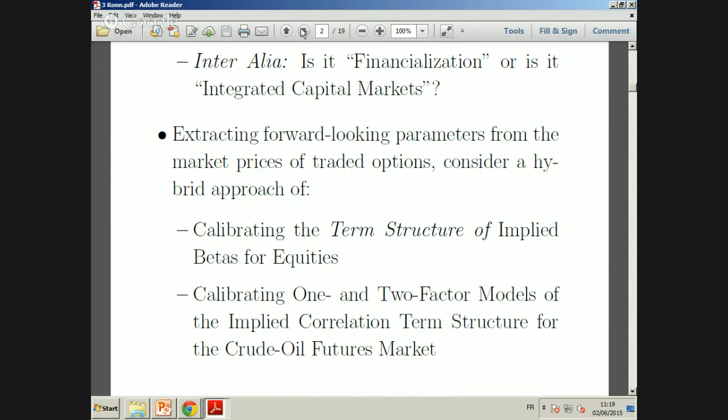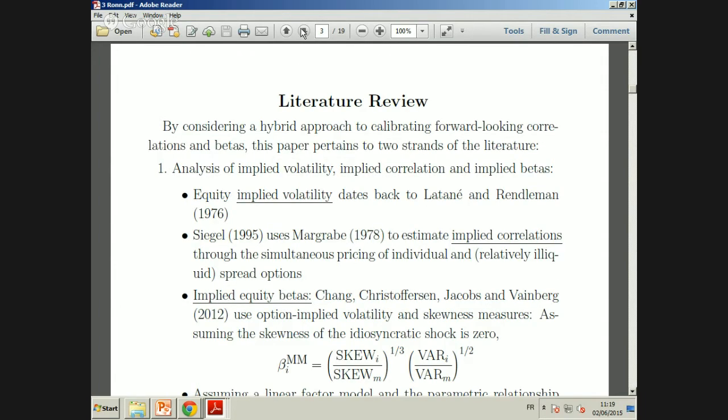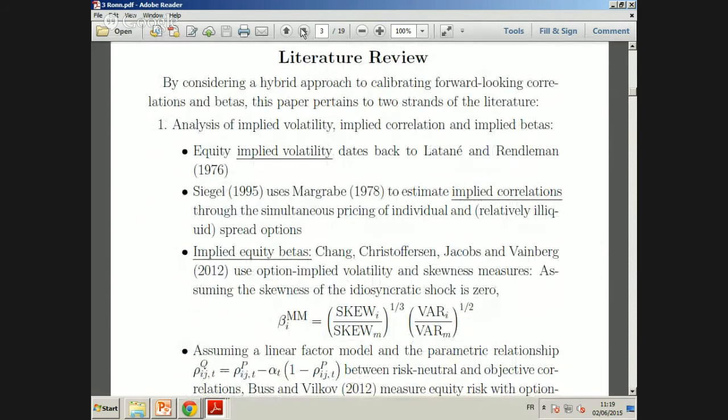Since I have a little bit of time, let me talk about whence the literature has come in terms of at least the issue of implied parameters. So as I laid out, I'd like to present the issue of implied volatility, correlation, and implied betas. That, of course, goes back to the historic paper, I guess historic is the right term, by Latané and Rendelman back in the 70s on implied volatility. There's a number of folks who have looked at implied correlation.